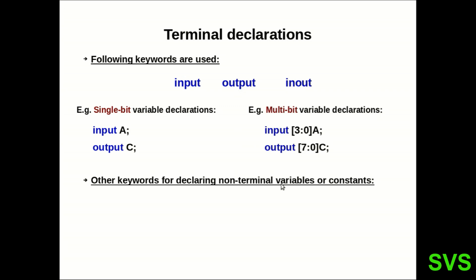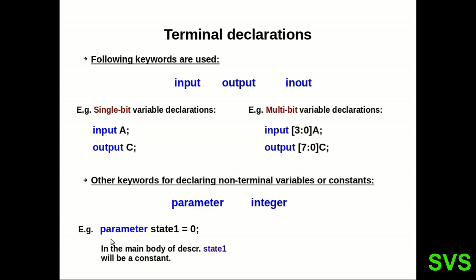And other keywords which we may use in the main body can be parameters and integers, wherein parameters are used to define generally the constants in the main body of Verilog modules, and integers are used to define a variable which we want to change as per our requirement.